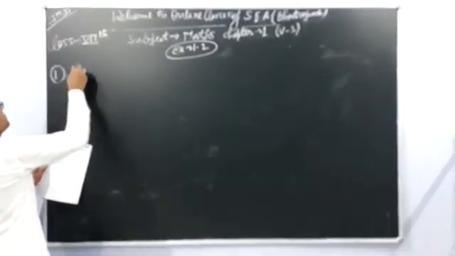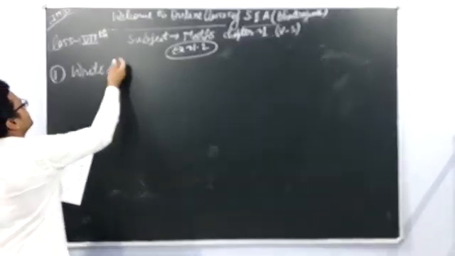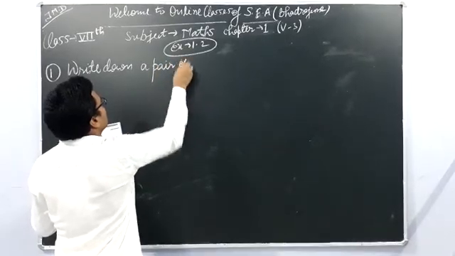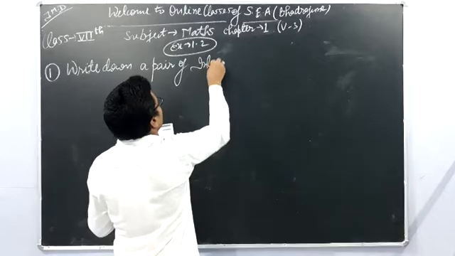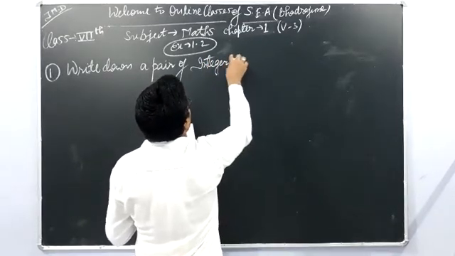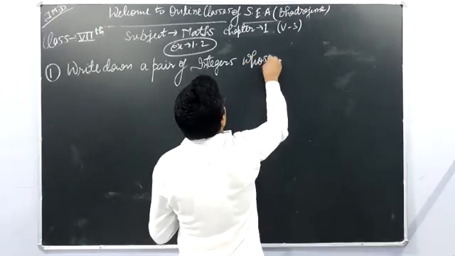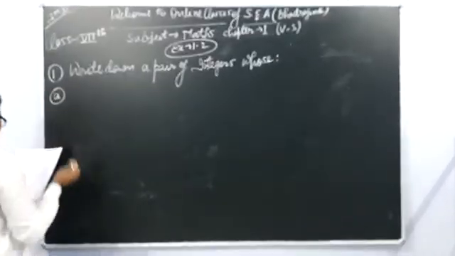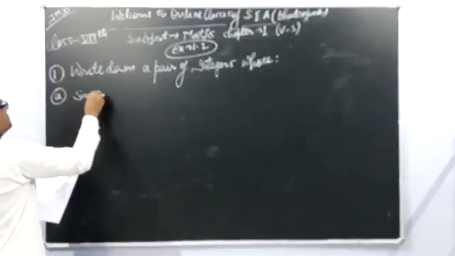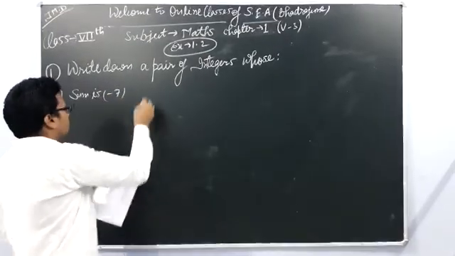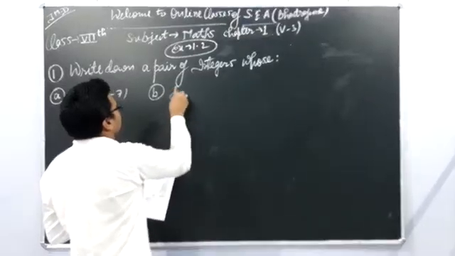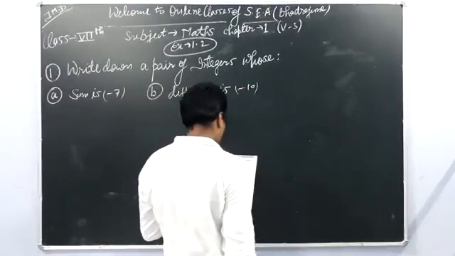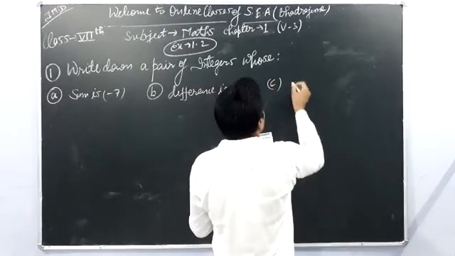So this is our question number first. Write down a pair of integers whose: part A, sum is -7; part B, difference is -10; part C, sum is 0.